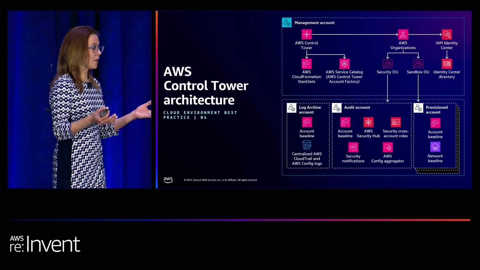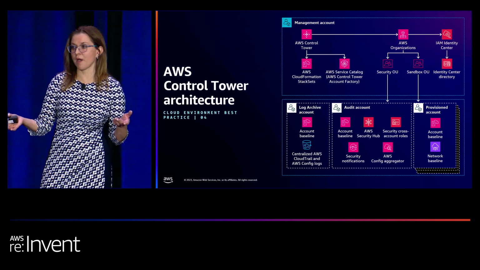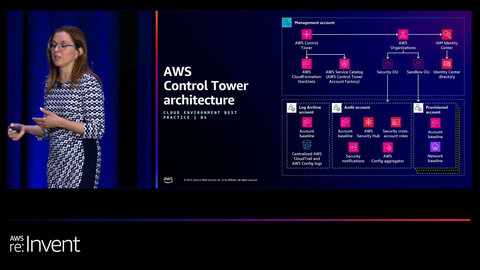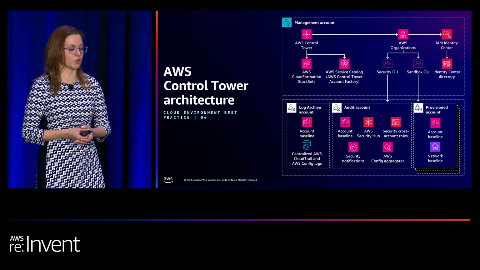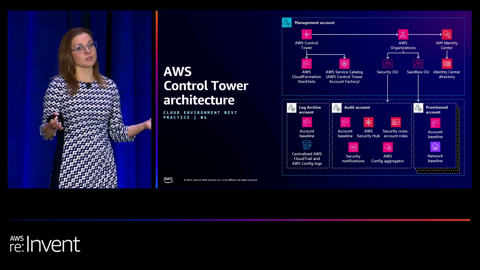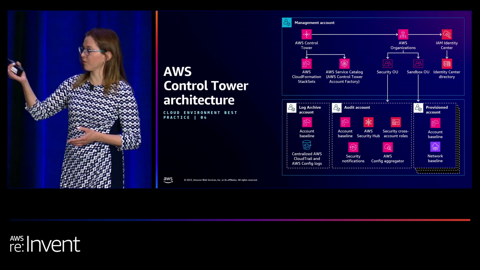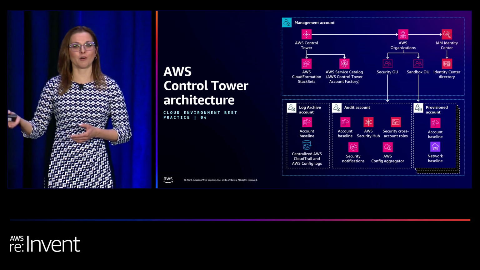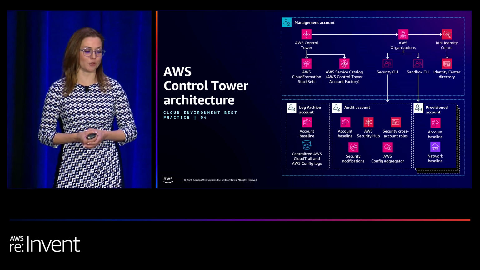It also has features such as Account Factory that we just talked about, and also, as I mentioned, it offers more than 500 managed controls that you can leverage. It can be used for new environments, but it can also be used for existing environments as well. As you'll hear from Troy, who'll talk about his customer journey before and after implementation of Control Tower.